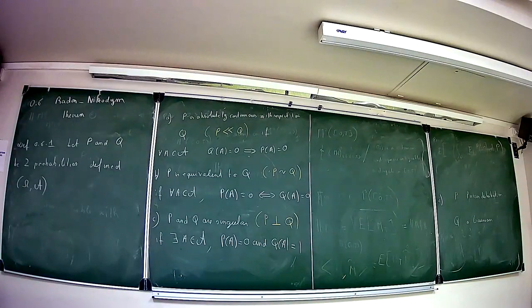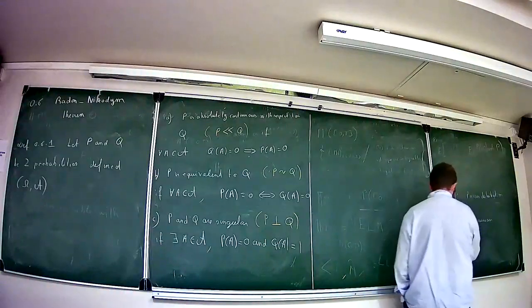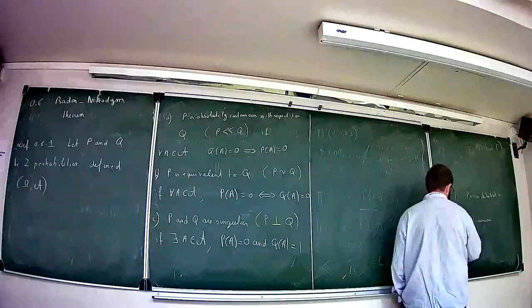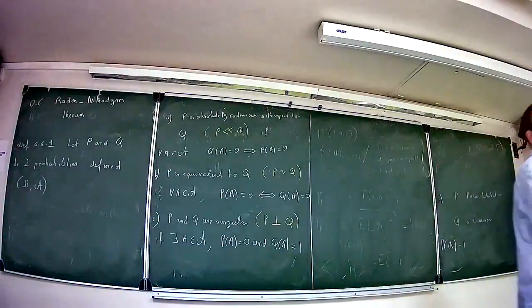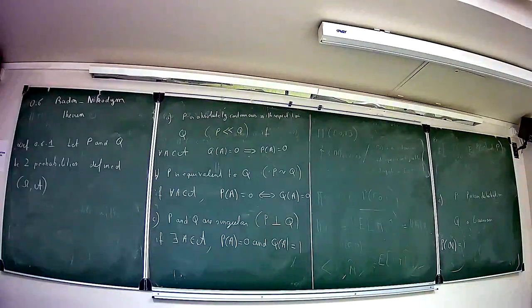What is the support of a Poisson distribution? What are the possible values for Poisson? N. Okay. Take N. You have P of N equal to 1, because the only possible values are the elements of capital N. And if you have a Gaussian, you know that when you have a density function, the probability to take the value of one point is 0.